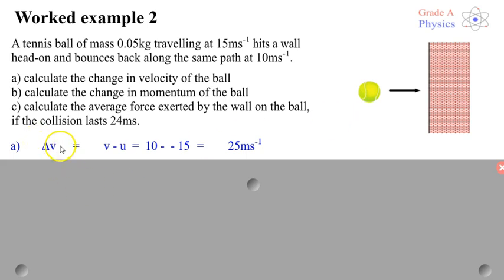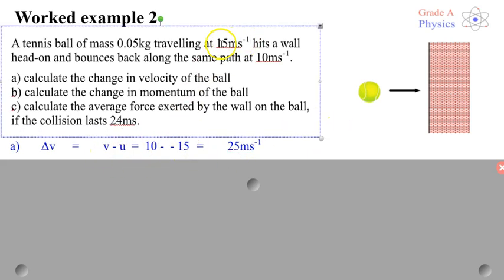So delta v, the change in velocity, is v minus u. So if I say that v, the final velocity, is 10, which is positive to the left after collision, then I subtract the u, which is 15, but that's in the other direction. That's minus 15. So I add these two together. Minus and a minus become a plus. So that's really important.